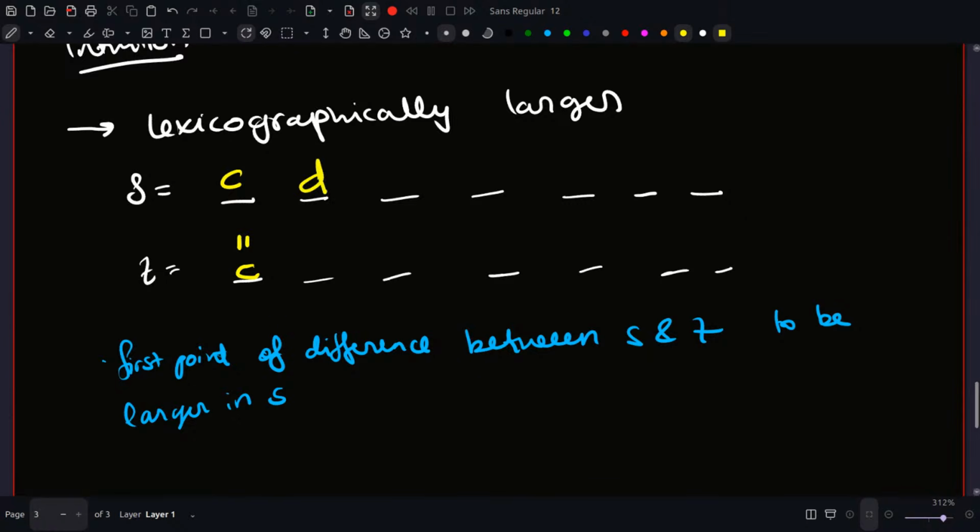If this is D and this is A, then S is greater, so S is lexicographically greater than T because at this point D is greater than A.